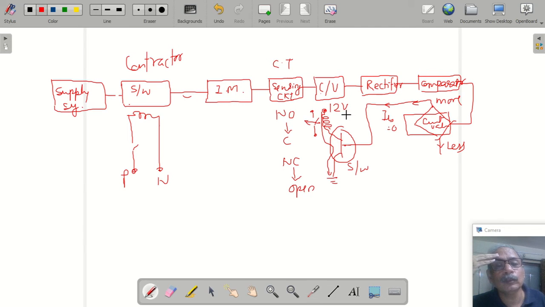If current is more than the set limit, automatically this will open. It was normally connected, NC, and it will open. As soon as it opens, what will happen? This contactor will cut off the supply to the motor. So in this way you can protect your motor.